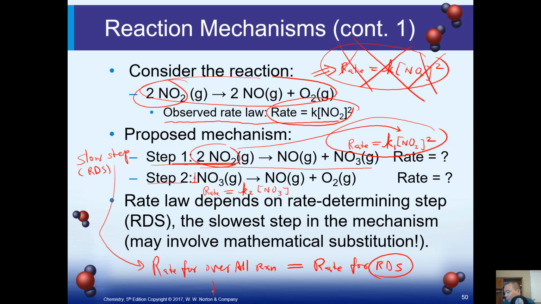In this case, the rate law for the rate determining step is k times NO2 raised to 2. And the reason is because of this.